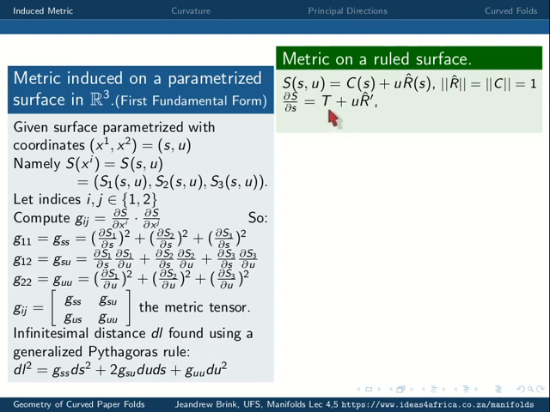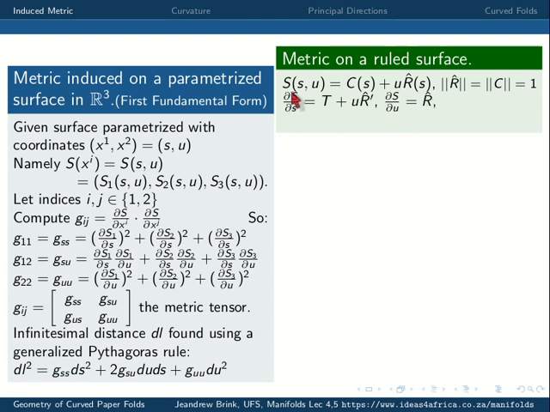Okay, and so to work out the metric, what we have to do is work out the derivatives. So we have the derivative with respect to s is simply the derivative of c with respect to s, that's the tangent vector, whose norm is 1, as s is chosen so that the norm is 1, plus u times r hat prime. And for the other derivative, u only appears there, and so the second derivative with respect to s and u is simply r hat.